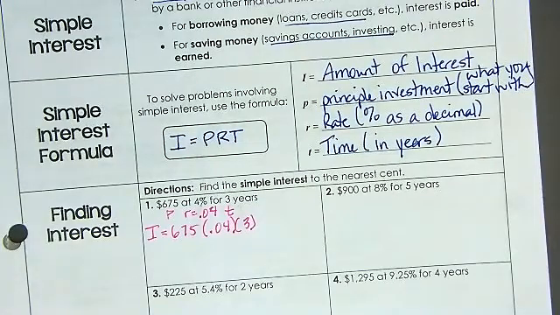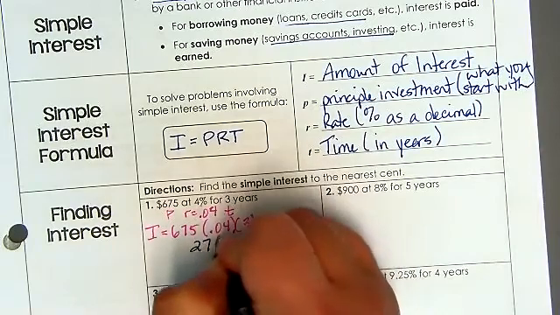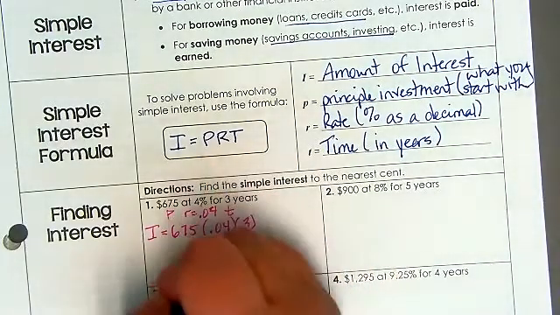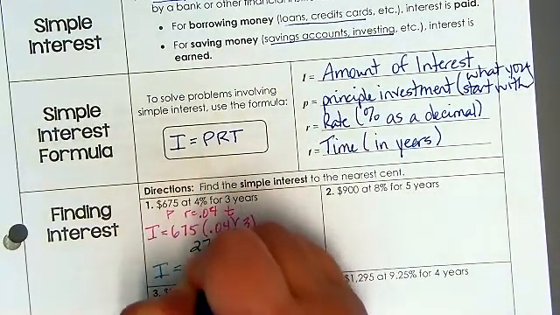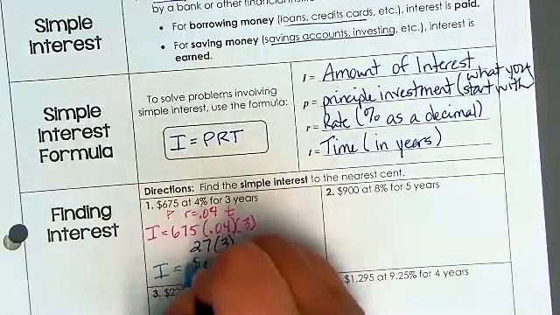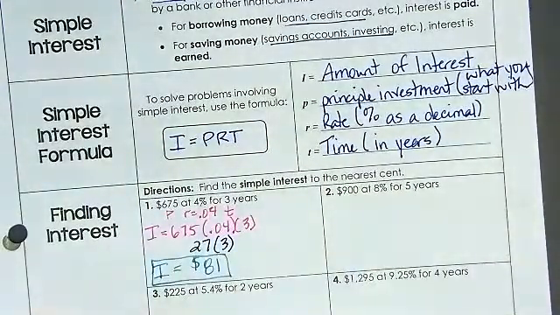So 675 times 0.04 gives me 27, times 3, and that gives me that my I is $81. And yes, you have to write the dollar symbol. So that's how we find the interest amount.